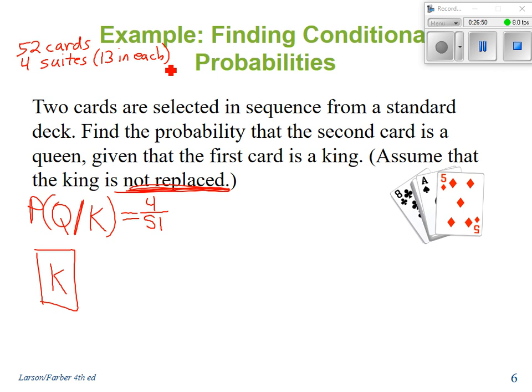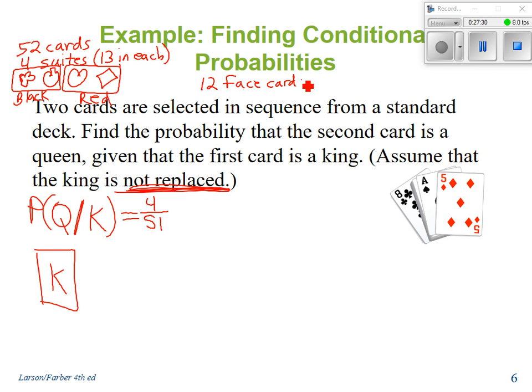What are the suits? Clubs, spades, hearts, and diamonds. So 4 different suits. What do you know about these two? They're red. These two are black. How many face cards are in a whole deck? 12 face cards.